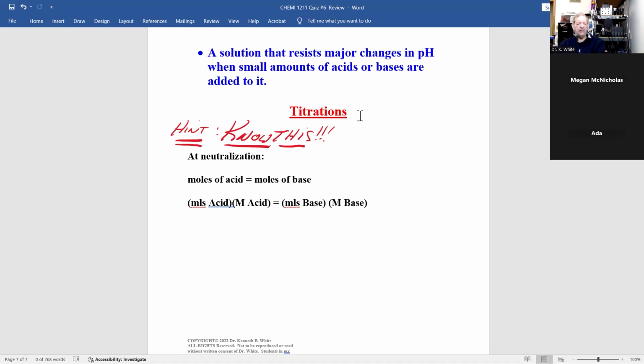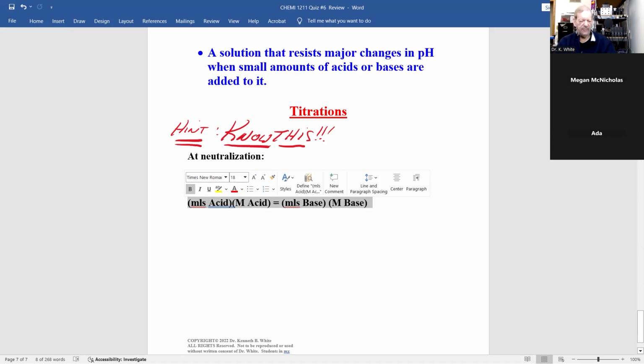At that point, moles of acid equal moles of base. And to simplify it, I created this formula to help you out. Milliliters of acid times molarity of acid equals milliliters of base times molarity of base. You'll be given three of these, and generally you'll be asked to find either the molarity of the acid or the molarity of the base.